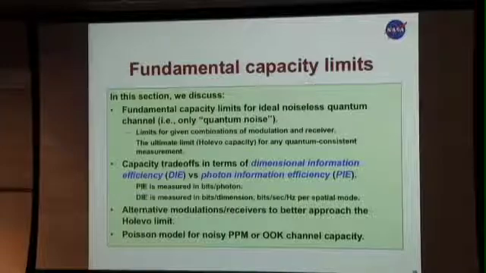What's the limit to pushing the limit of a quantum measurement? We reformulate the capacity measurements in terms of a capacity trade-off. I already alluded to this in the coherent detection slide. Namely, if you want photon efficiency, if you want to be very energy efficient, you give up something in terms of spectral efficiency. More generally, we're going to call that a dimensional efficiency.